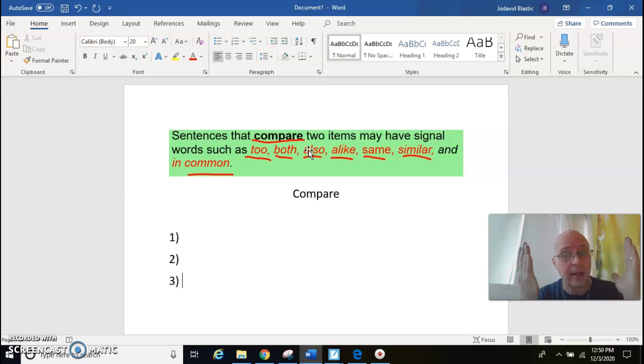I don't care what you're comparing, as long as they share the trait that you're talking about. I love candy. My sister does also. My mother and I are alike in that we both love the Colts. I want you to use one of these words. You have to use 3 different ones. Write 3 different sentences on something, I don't care what it is, and get it back to me somehow. Turn it in when you come to get your next packet, or just send a picture to me. Whatever's easiest for you.